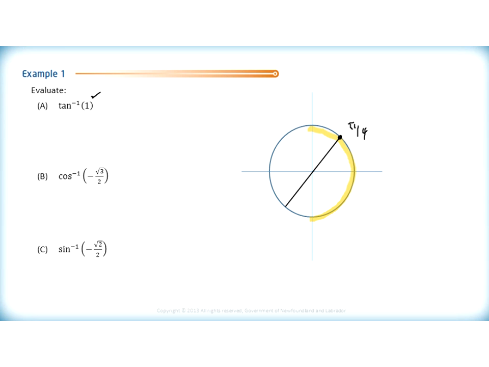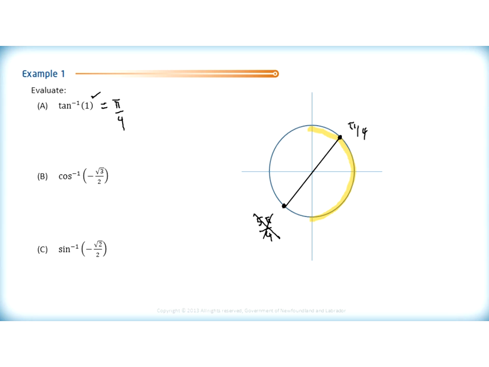And we could also have it way down here, and that one is at 5 pi over 4. Both of those angles would give me values for tangent that are equal to 1, but this one is outside of my principal value range, so the inverse tan of 1 is only pi over 4. There's only one possible solution to that. Okay? Let's erase that and try another one.